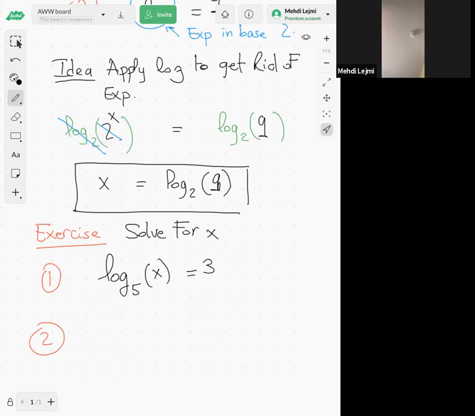All right, and then the second equation is 7 to the power x is equal to 50. All right? So you have a couple of minutes, guys, to solve for x.